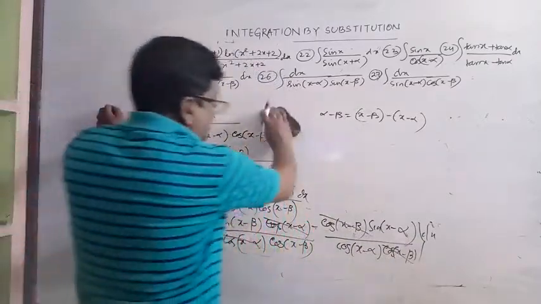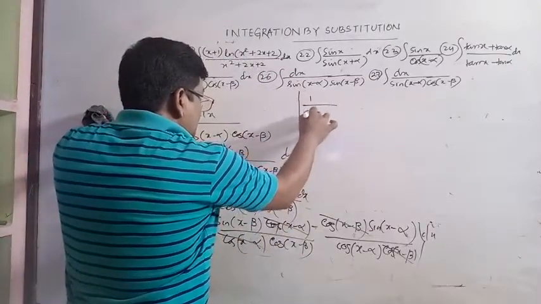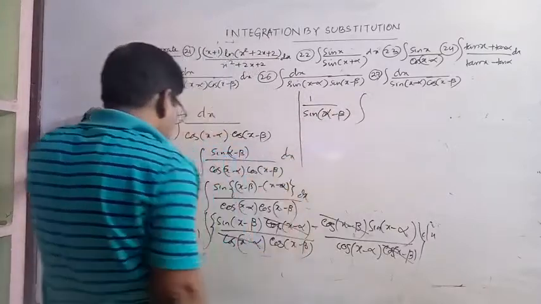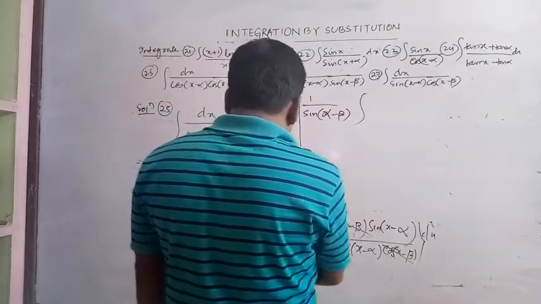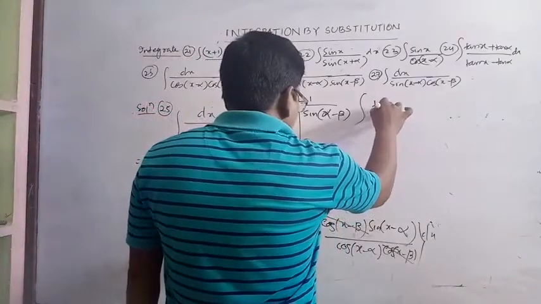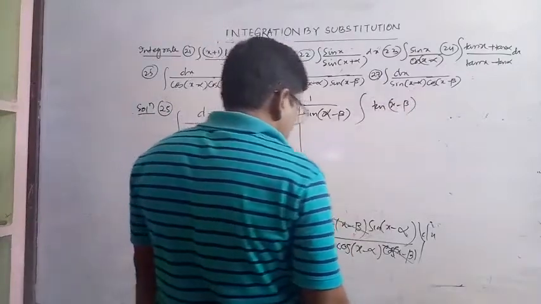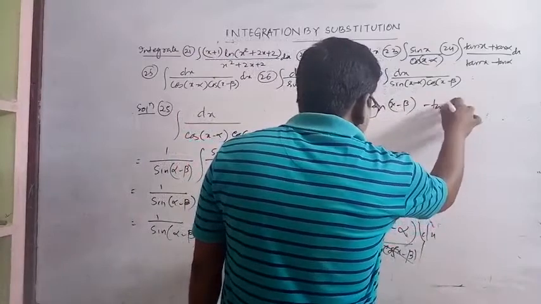So what remains here? That is 1 by sin(alpha − beta) integration of sin by cos, that is tan(x − beta) minus tan(x − alpha).